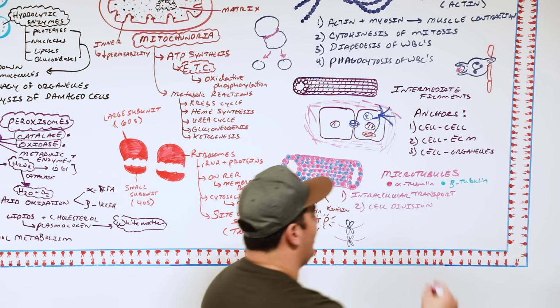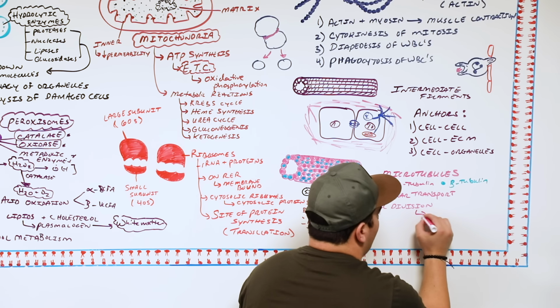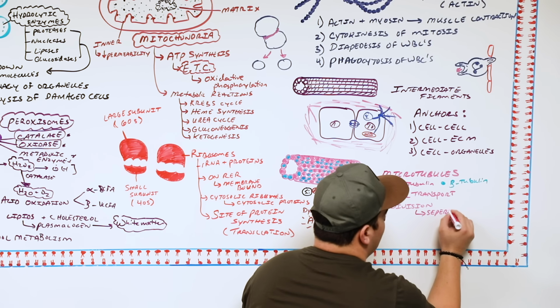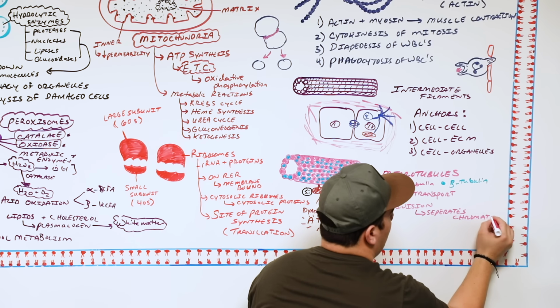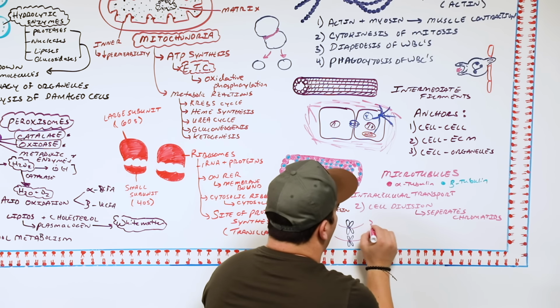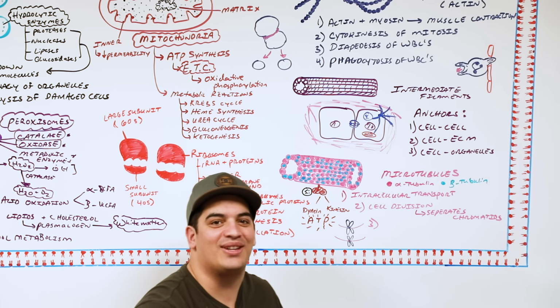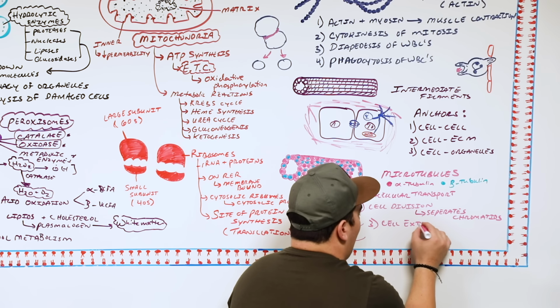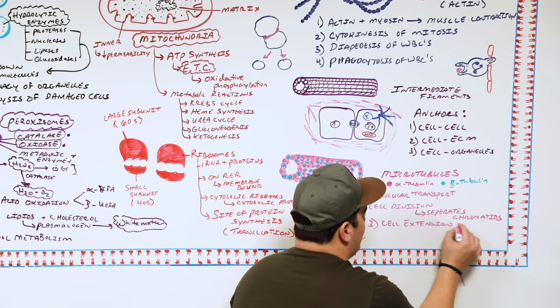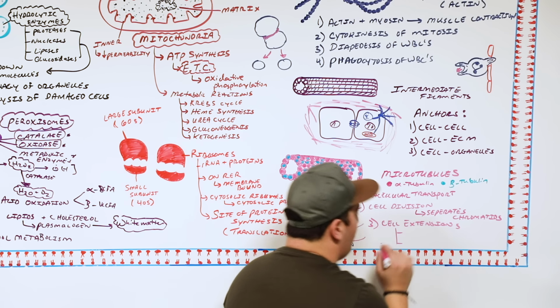So that's the other important thing, cell division, particularly separating the chromatids. The third thing here is that it is important for cellular extensions. What I mean by these extensions is there are 2 big structures where microtubules form the base.